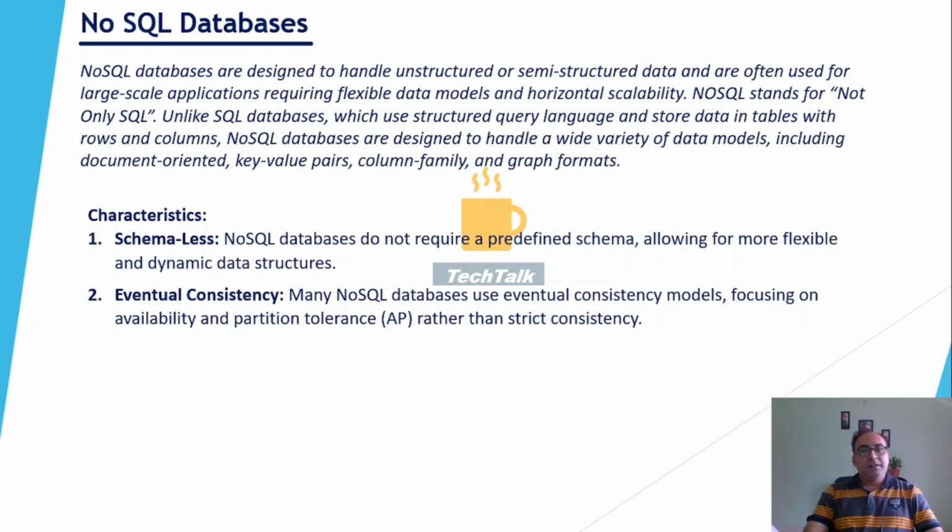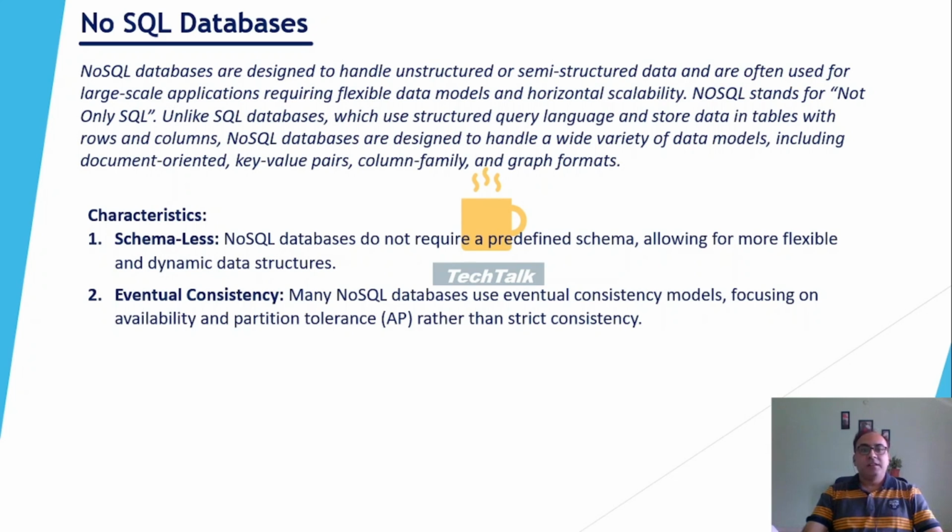Related to that, there is one theorem called the CAP theorem. As per that, in a distributed database system environment, the objective of any database system is to achieve 3 goals: one is consistency, then availability, and the last, partition tolerance. What the CAP theorem says is that in a distributed database system environment, achieving all 3 goals is quite impossible.